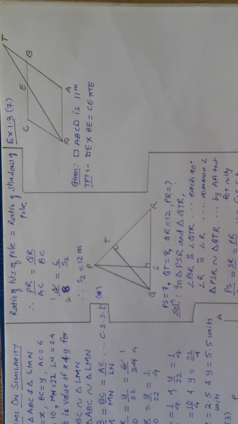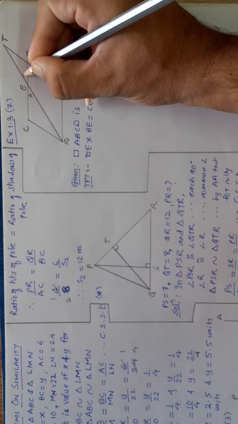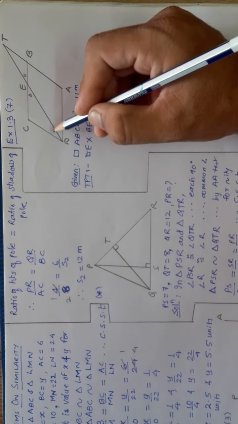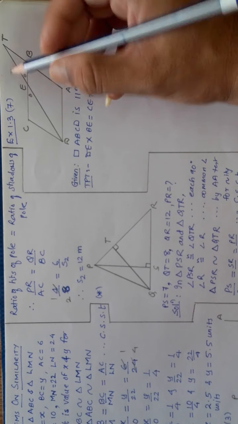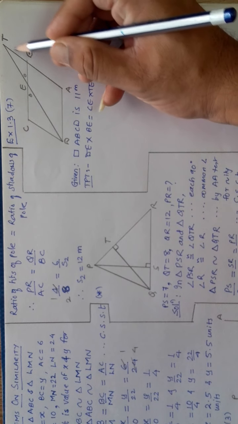So now here, if you see, this angle is congruent to this angle. You have studied the concept of vertically opposite angles already. So these two are vertically opposite angles, and now as I discussed, I will get this angle congruent to this angle, or even this DCB and EBT.